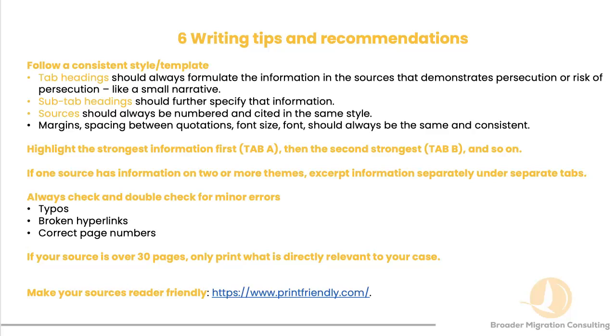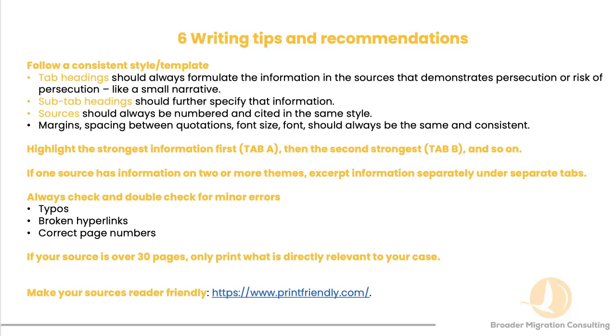Finally, I want to end this lesson by sharing some practical writing tips. 6, to be more specific. First, when you draft and you write, always follow a consistent style or template. Feel free to use what I just showed you as a template, but at a minimum, I recommend the following.